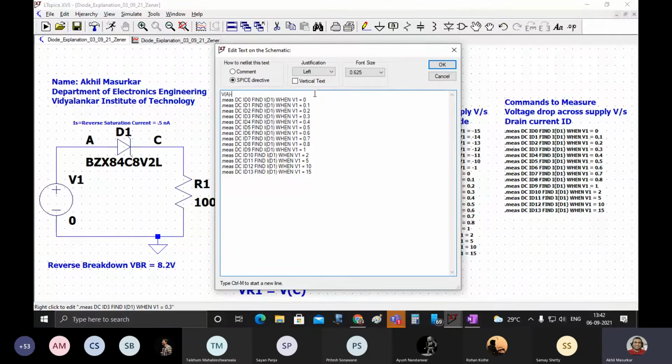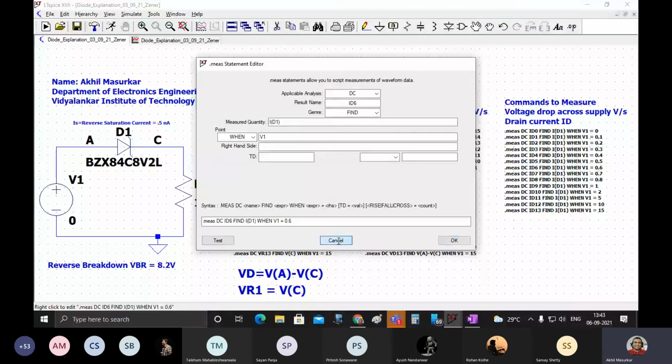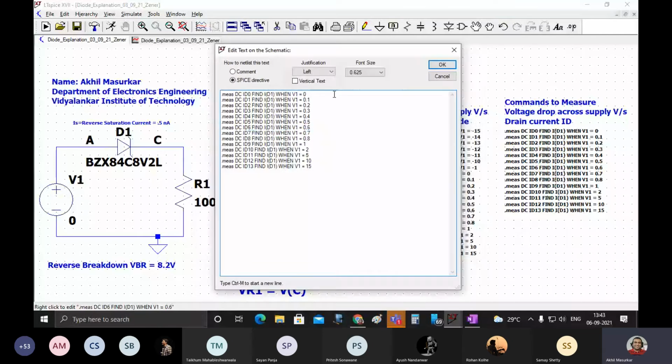Just copy these statements. So here I'll write ID.